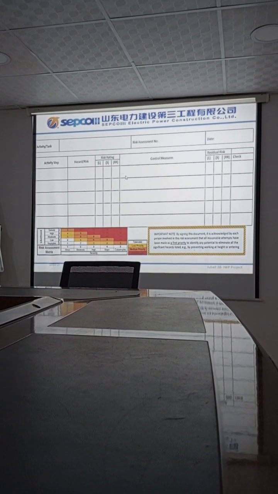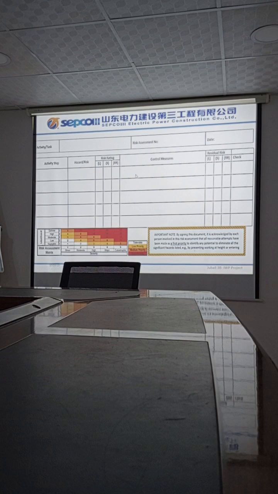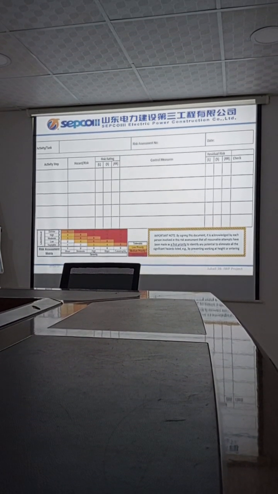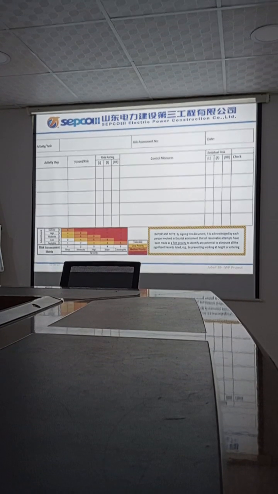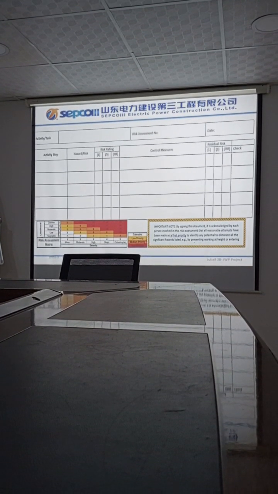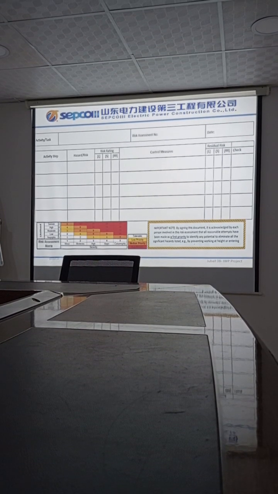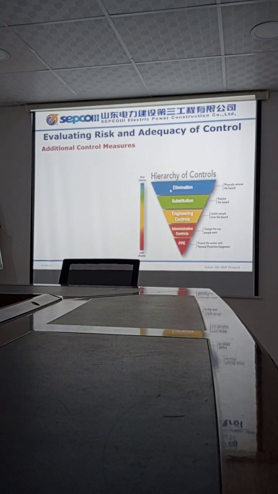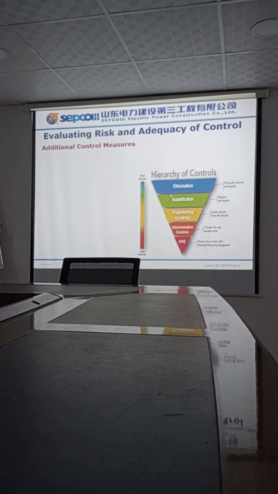Now, what is the control measure? Arrange that chair, remove housekeeping issues, or open minded so that I will use this one. This control measure is the one that we need to use. If we cannot remove, eliminate, substitute.